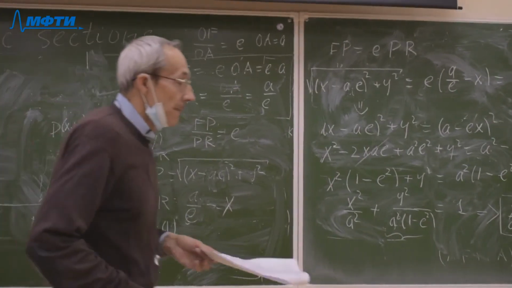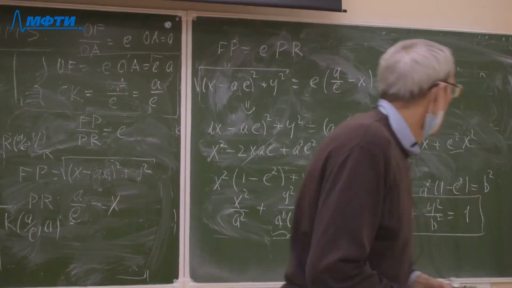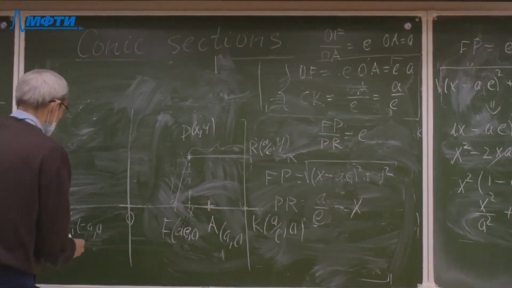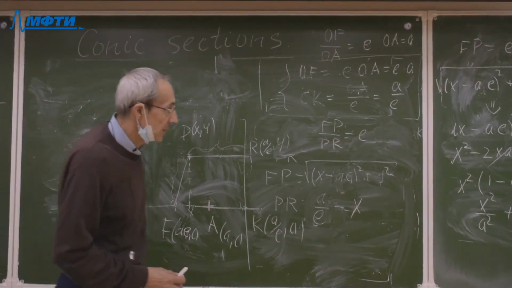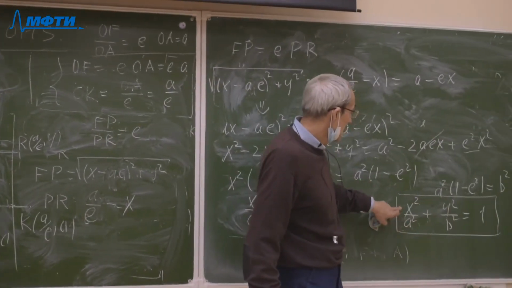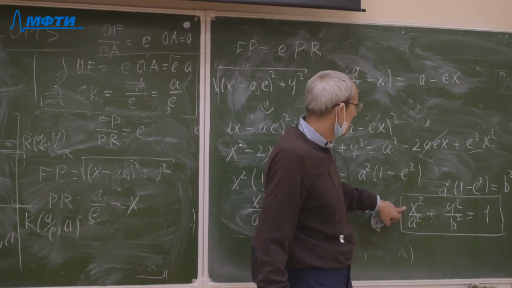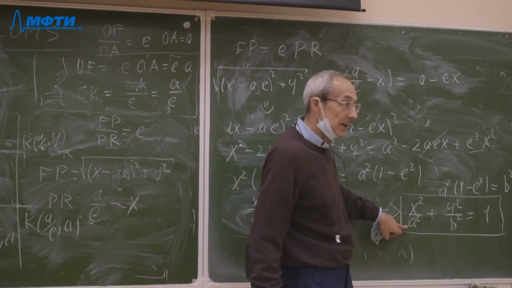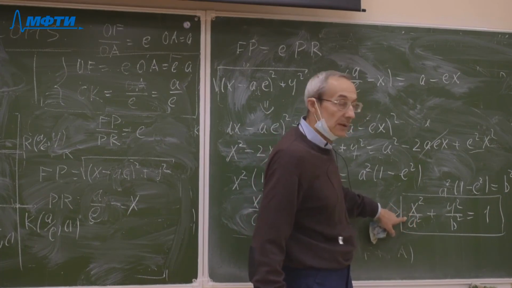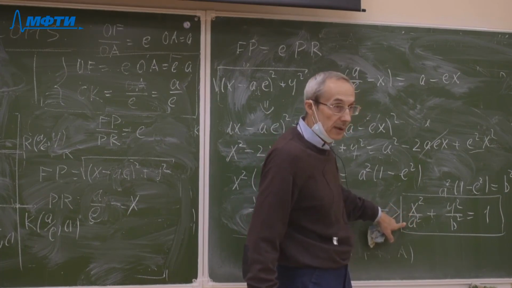And let's draw this curve. Easy to see, if y is equal to 0, the ratio x square over a square is equal to 1, and we obtain that x is equal to plus or minus a.